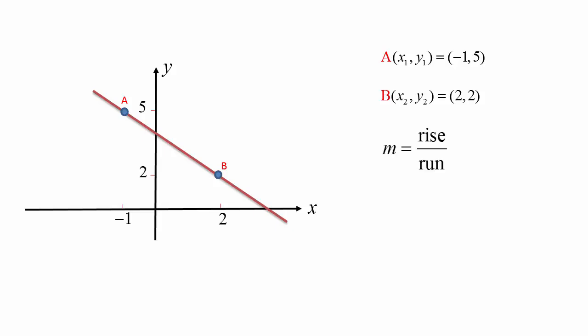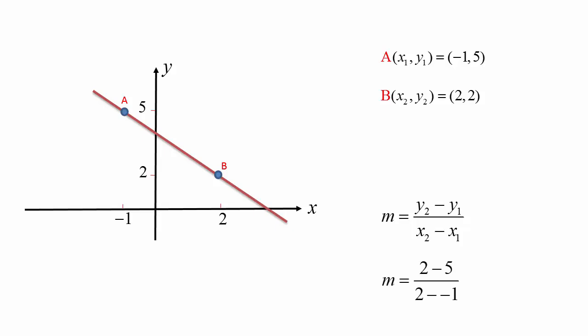So writing down our formula for the gradient, m equals rise over run, and using component form, m will equal y2 minus y1 over x2 minus x1, and then substituting values for those, we have m equals 2 minus 5 over 2 minus negative 1, be careful with the two minuses, which comes out to be m equals negative 1. So the gradient of that straight line is negative 1.